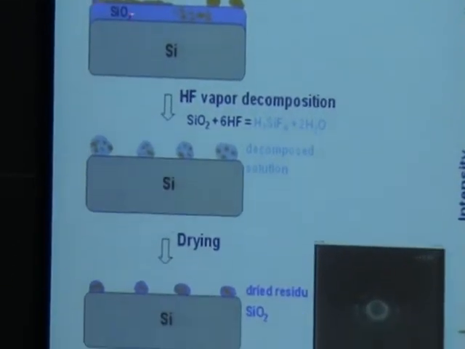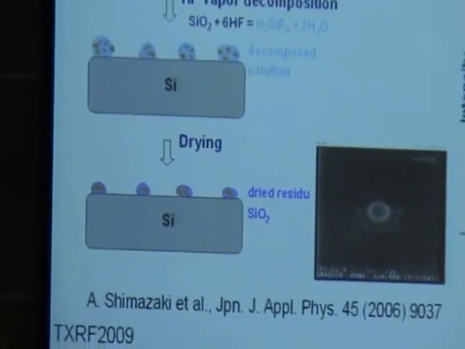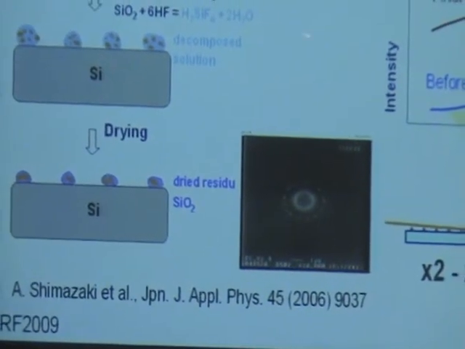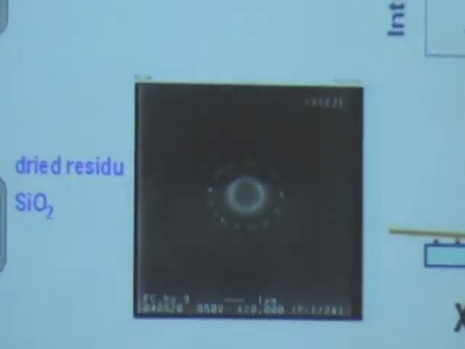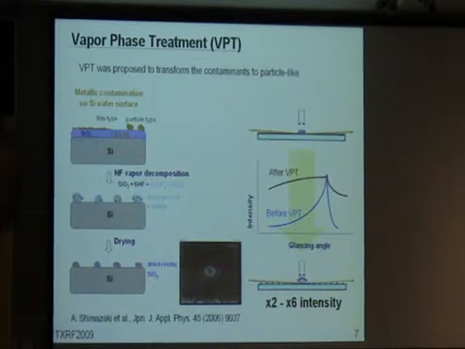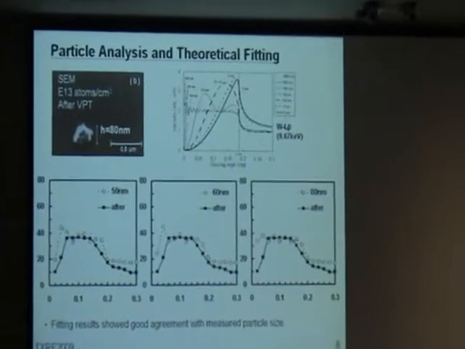When the sample is exposed to the vapor phase of hydrofluoric acid, all the surface layer is decomposed and residual impurities remain here. So it shows that only 5 or 6 times she tried to analyze the effect.